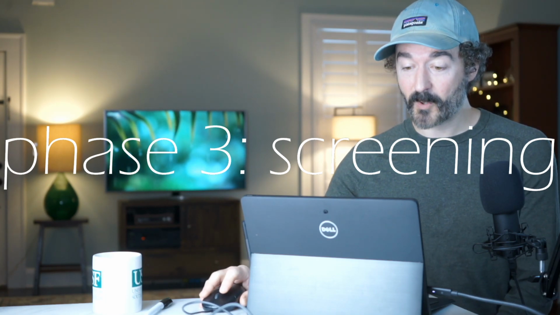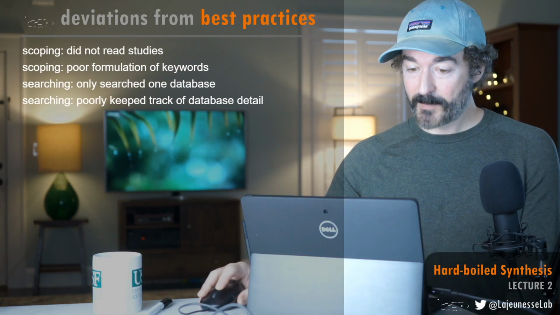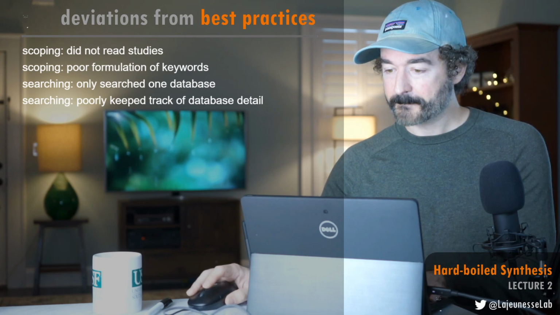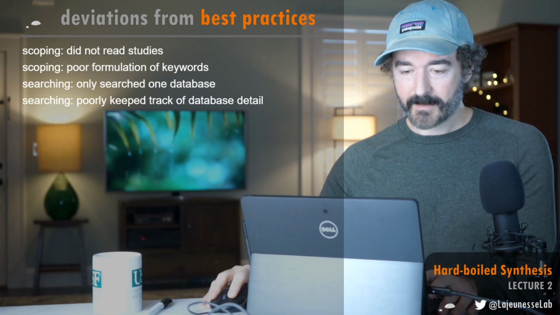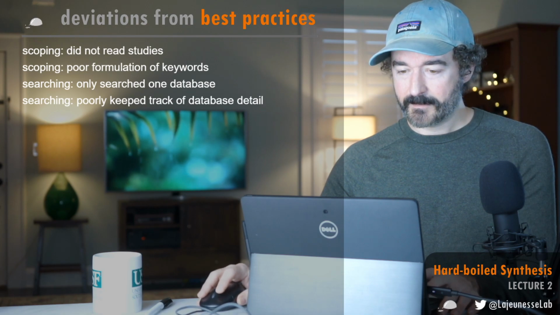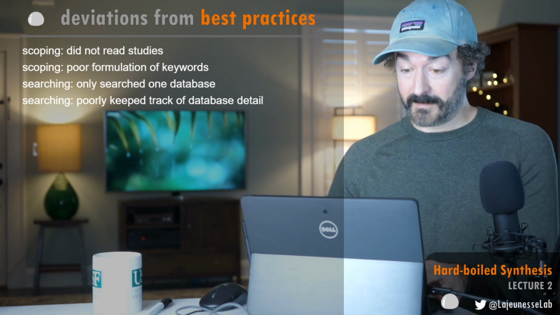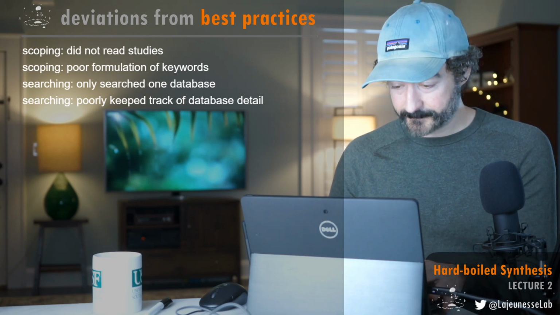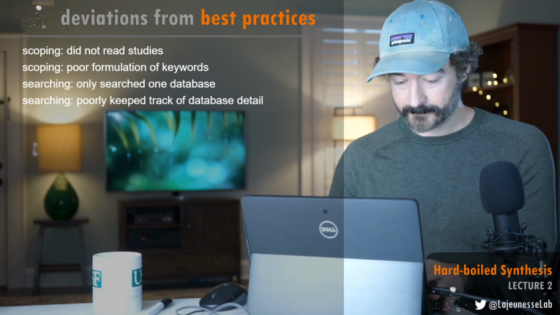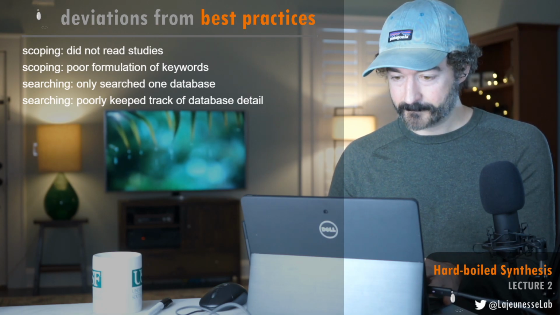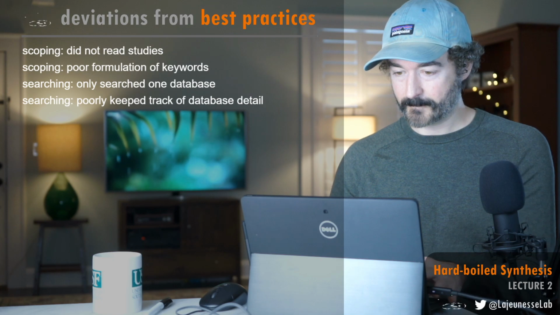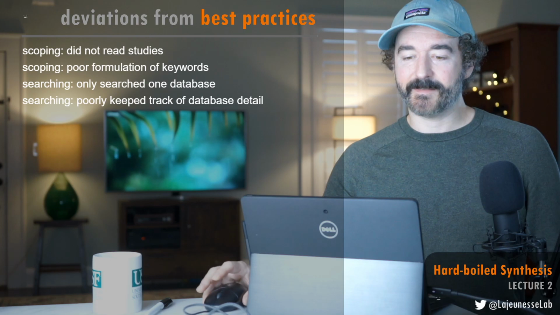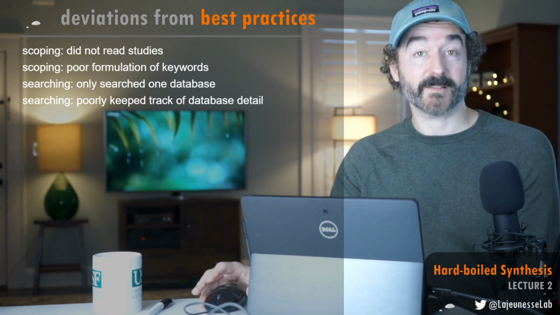So let's add one more failure to the wall of shame, which is the screening: only one person is screening. Now, you may find yourself being the only one who can make those decisions.